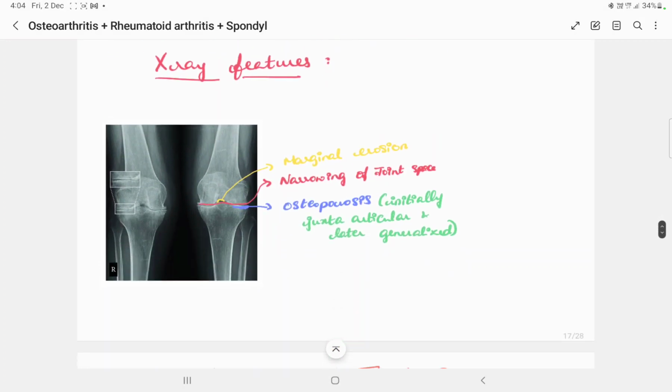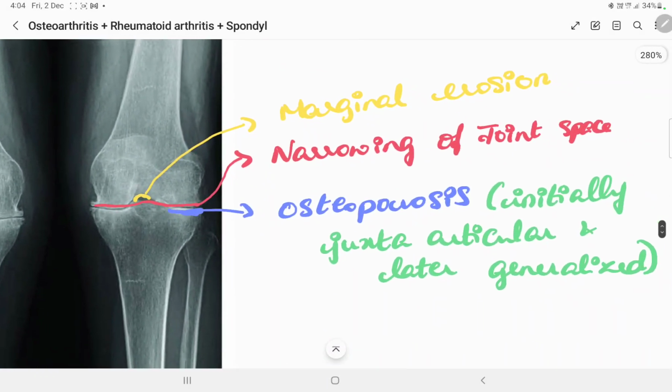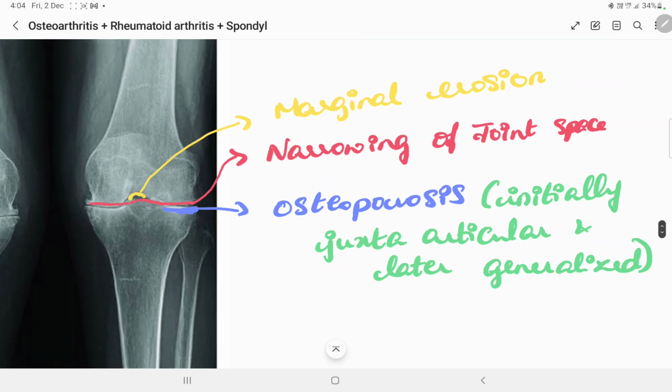Coming to the main X-ray features, it is an erosive disease, so there is marginal erosion and there is narrowing of the joint space. Apart from this, there is osteoporosis.